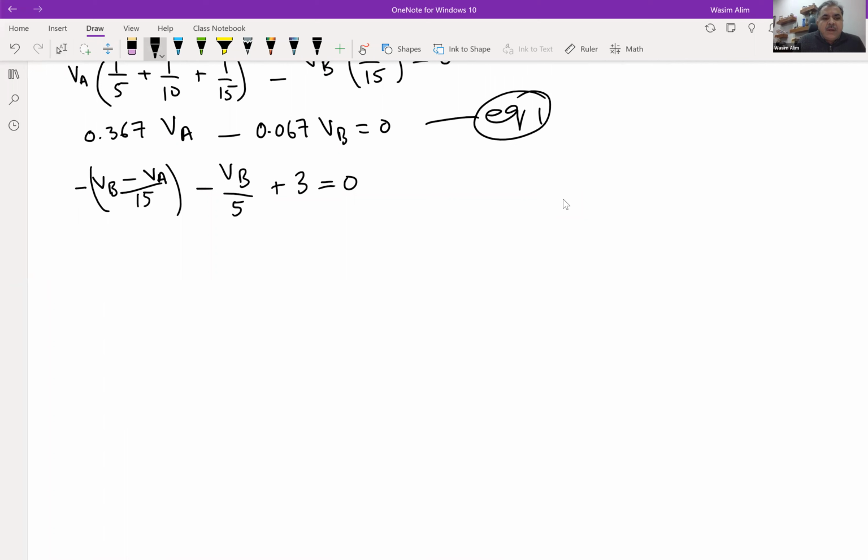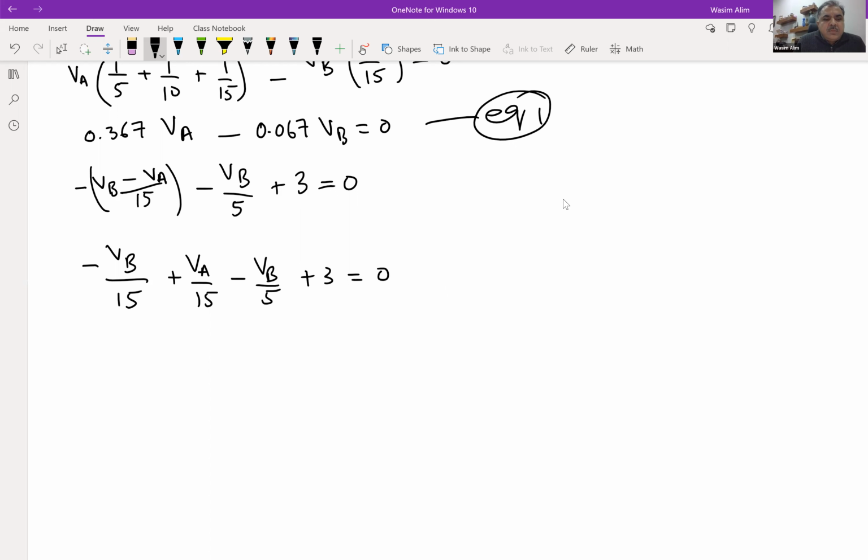Okay. Now I need to combine the like terms. So I have minus V sub B over 15. And then this minus on the outside of the parentheses is going to be applied to this middle one. And therefore you will have plus V sub A over 15 here, and minus V sub B over 5 plus 3 equals to 0.